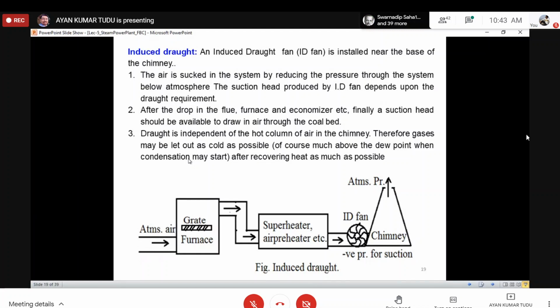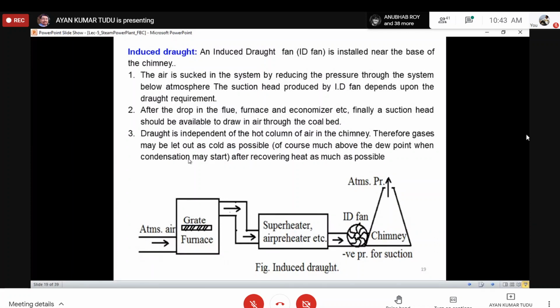The job of the ID fan is to bring the pressure of the whole system just below atmospheric pressure. So the suction head is produced by the ID fan and depends upon the draught requirement. So after the drop in the flue, furnace and the economizer etc., finally a suction head should be available to draw in air through the coal bed, as you can see.